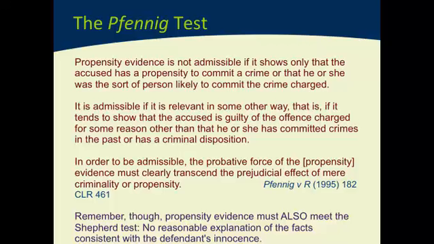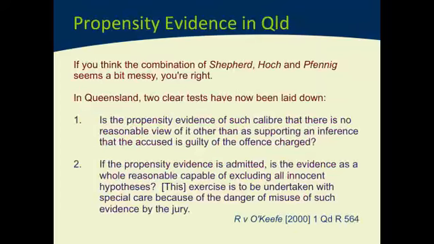It's called the O'Keefe test. It asks two questions. First, is the propensity evidence of such calibre that there is no reasonable view of it other than supporting an inference of guilt? So that's your Shepherd test, as laid down in O'Keefe. Is the evidence of such calibre that there's no alternative reasonable view?